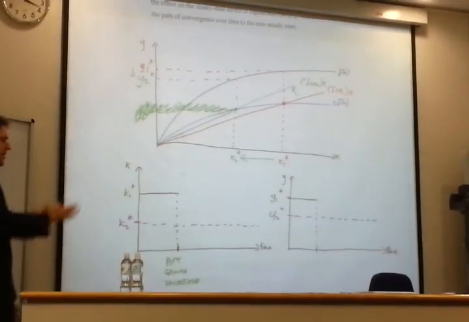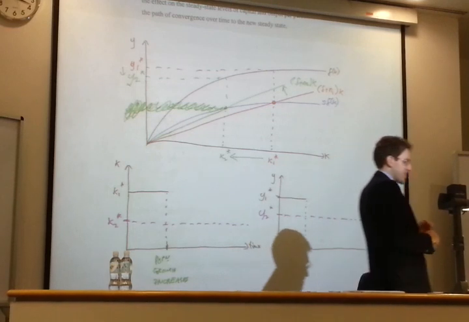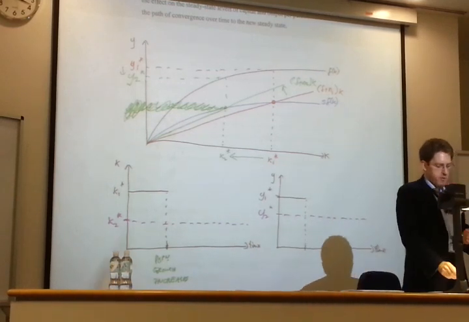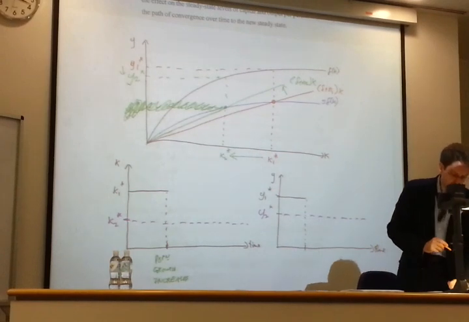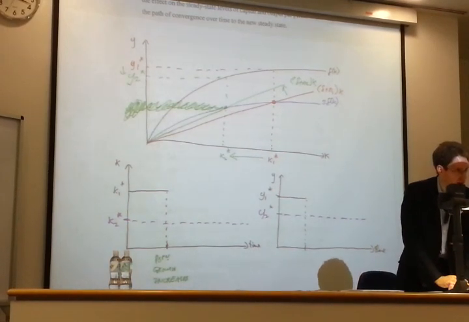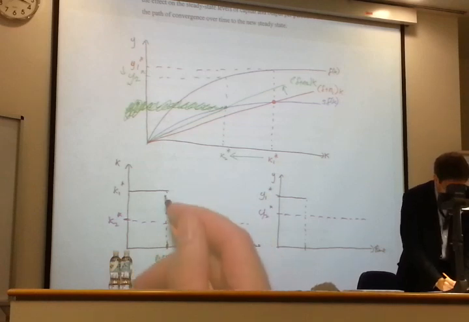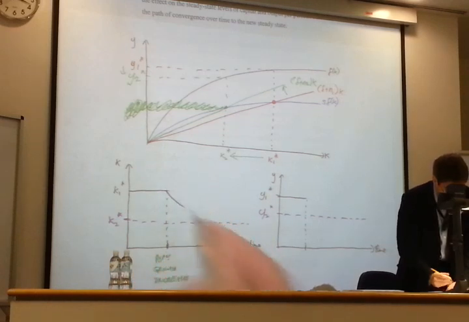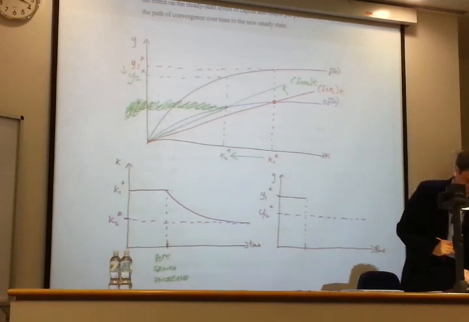But it's not going to be radically changing from one year to the next. So adjustment's going to be slow wherever we are concerned with capital. So what should I draw? Something that gradually approaches the new steady state, something like that.